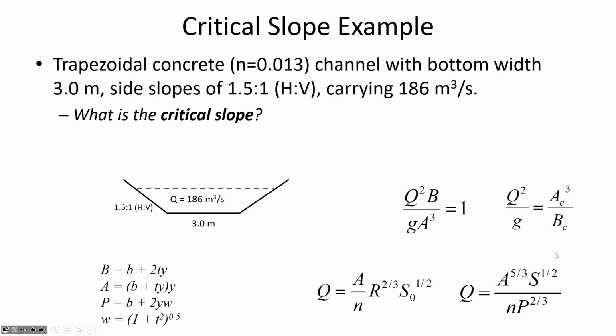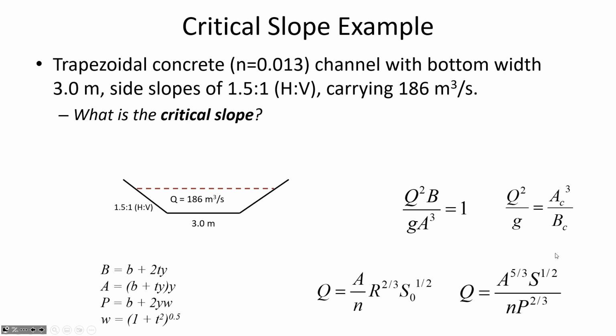And we can calculate the wetted perimeter now that we've got that. So P, the wetted perimeter, is going to be the bottom width of 3 meters plus 2 times y, which we haven't yet calculated, the depth.